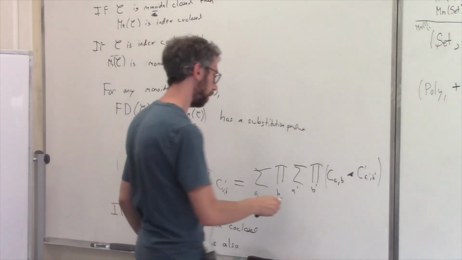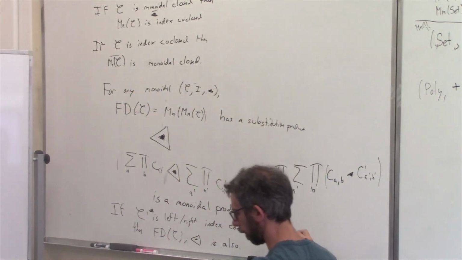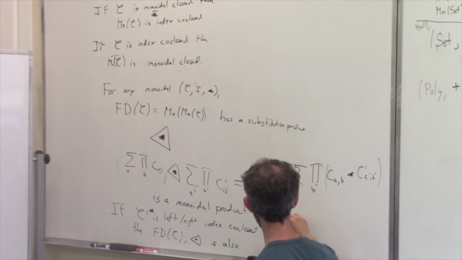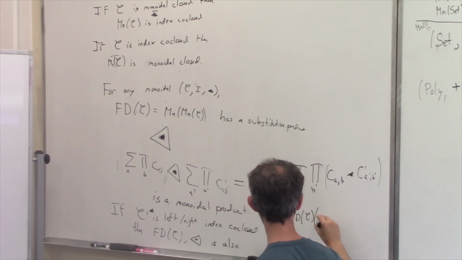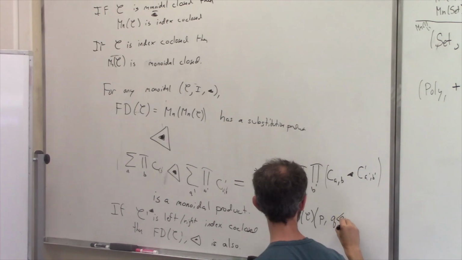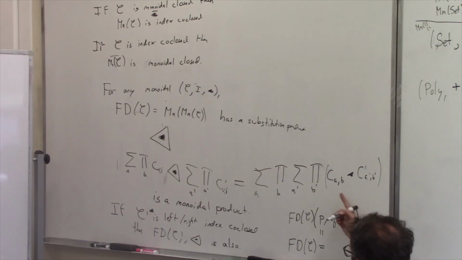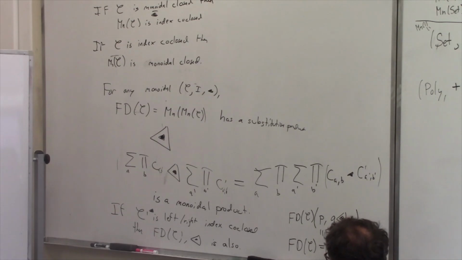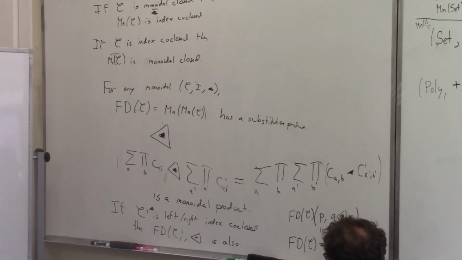And I forgot to write this, but I think it'll be the last thing I say. FDC from P, from some object to Q composed R. I denote the right co-closure with this kind of bracket symbol here.